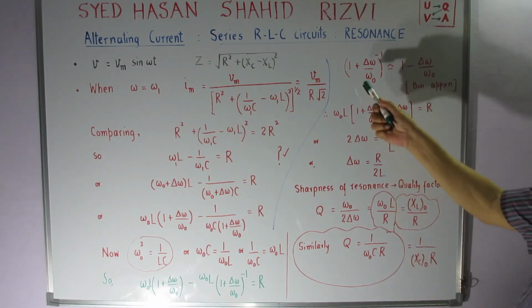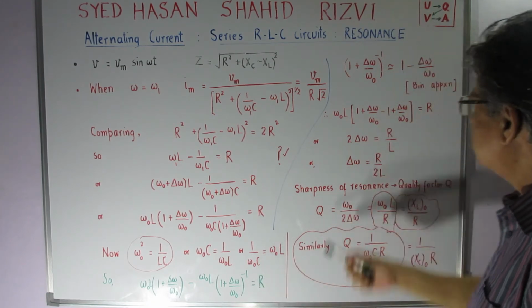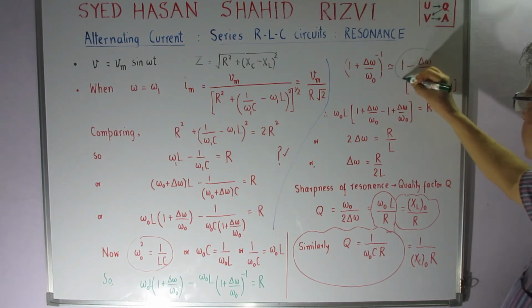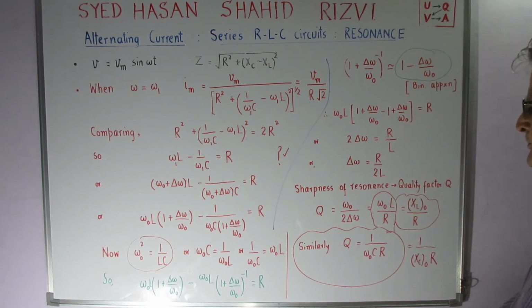So I can write this term over here as 1 minus delta omega upon omega naught, and use it here.